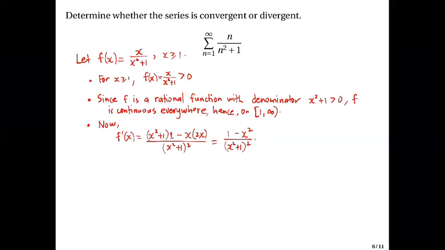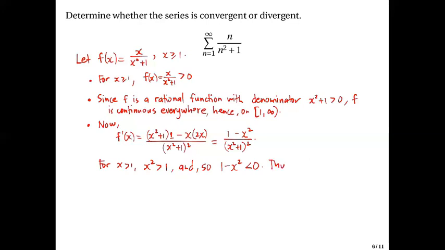And for x greater than 1, x squared will be greater than 1, and therefore 1 minus x squared will be less than 0. Correct?